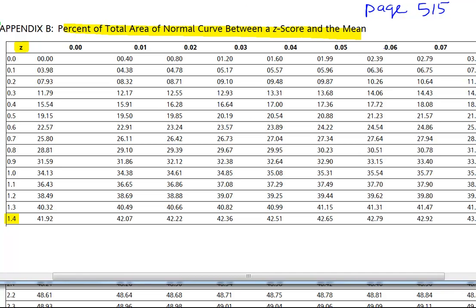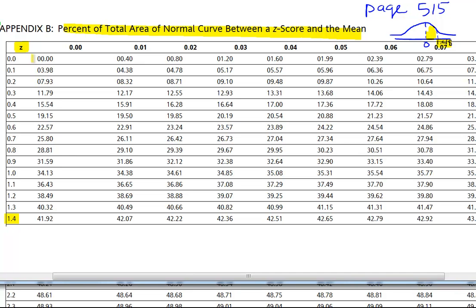So when we think about that, diagram. So here's the mean at 0, and our z-score is at 1.48. This is going to give us the percent of area between the mean and the particular z-score 1.48.